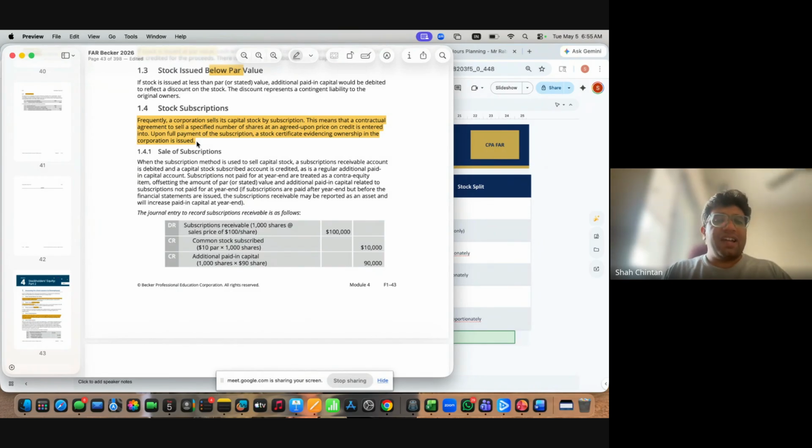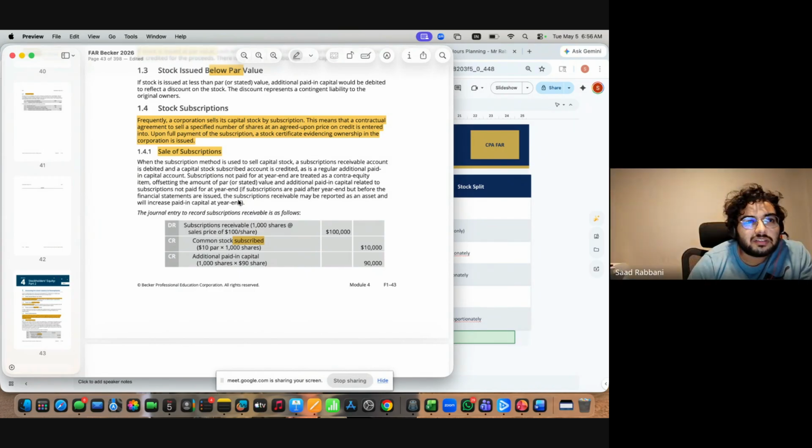You recognize the cash when it is collected, and till the time the amount is not fully collected, you treat the item as a common stock subscribed. Once you have the full stock available, you close the common stock subscribed account, and you treat everything as equity common stock. Again, a very basic topic, not expected to come into the exams.